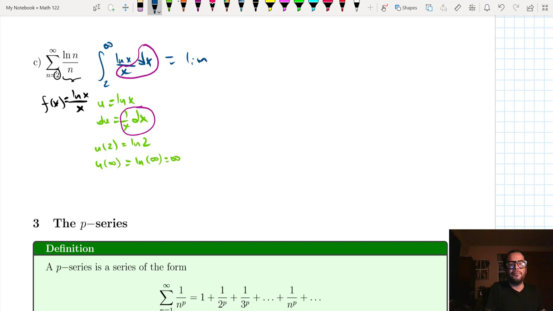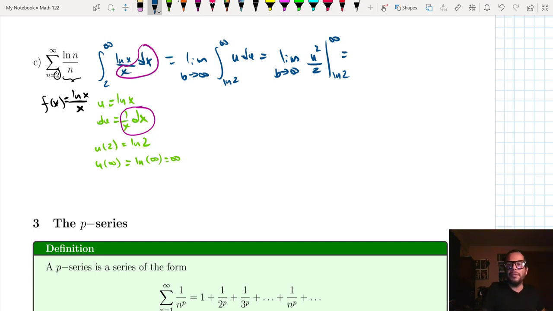So the limit as b approaches infinity of the integral from ln of 2 up to infinity of u du. The integral of u du will be u squared over 2, evaluated from ln of 2 to infinity.